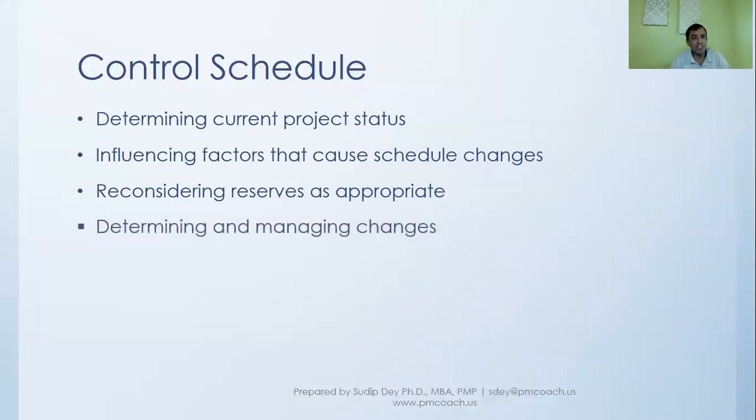And if there are changes, we have to manage those changes. For example, if there are scope changes that impact the schedule, we need to change the schedule. We need to take an approval on the change, and we need to have a new baseline for this schedule.